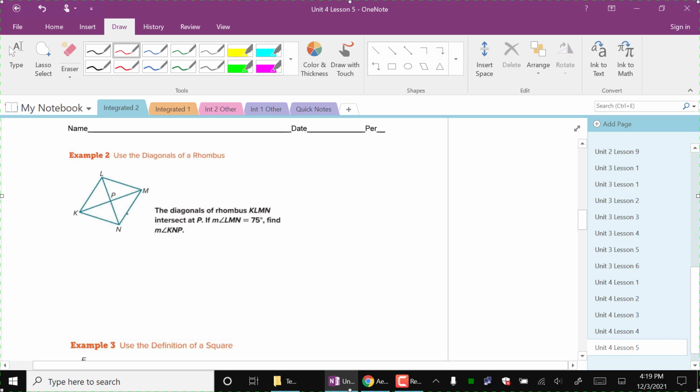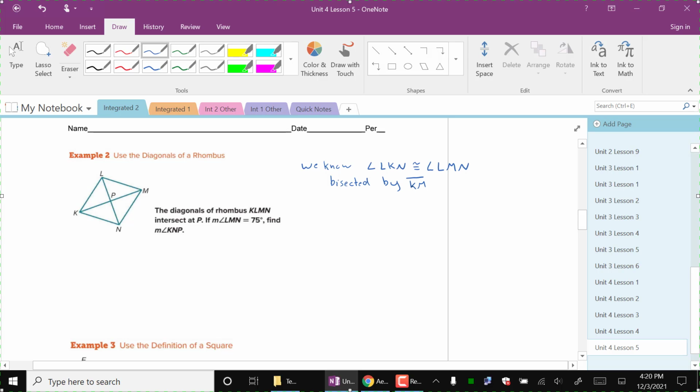So we know that we have a rhombus. So we know angle LKN is going to be congruent to angle LMN, and they're going to be bisected by KM.